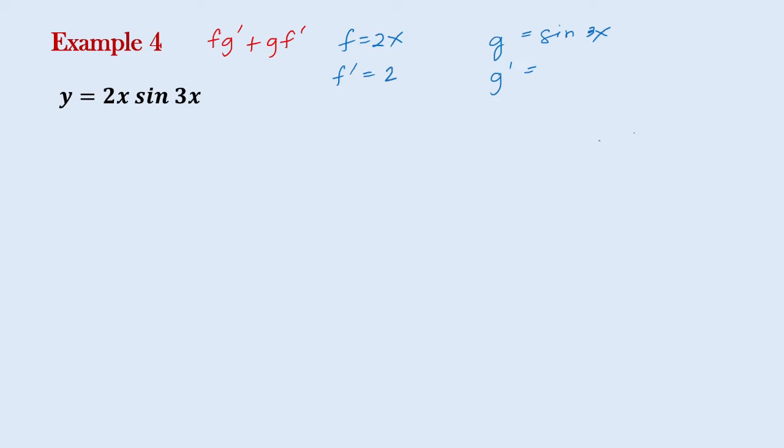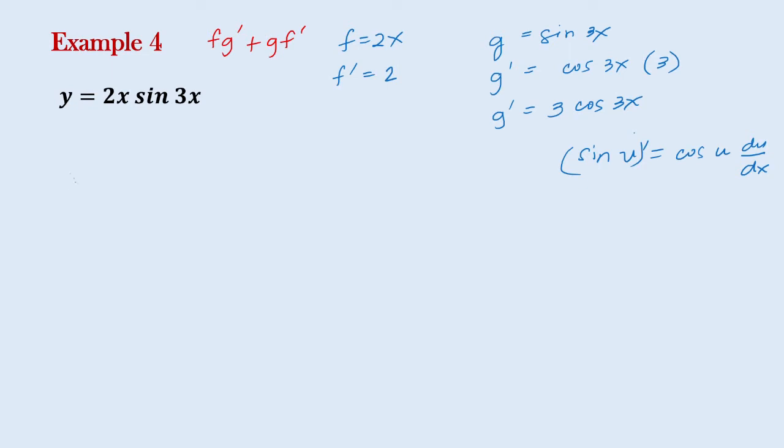To get the derivative of sine 3x, we need to remember that the derivative of sine u is equal to cosine u du/dx. So the derivative of sine 3x is cosine of the given angle, which is 3x, and then multiply to the derivative of 3x, so we have 3. So g prime would now be 3 cosine of 3x.